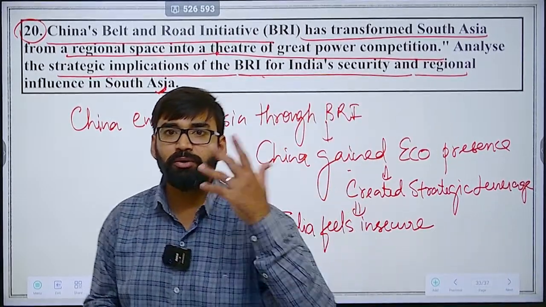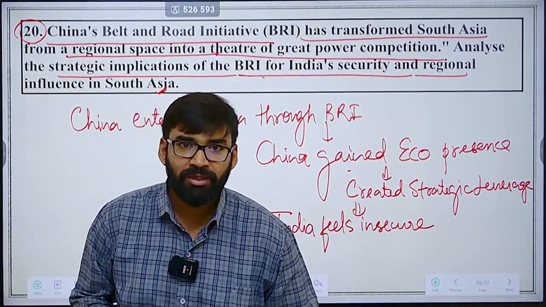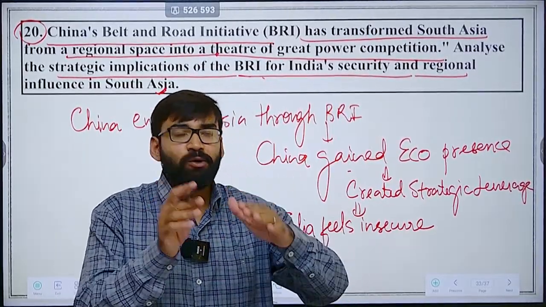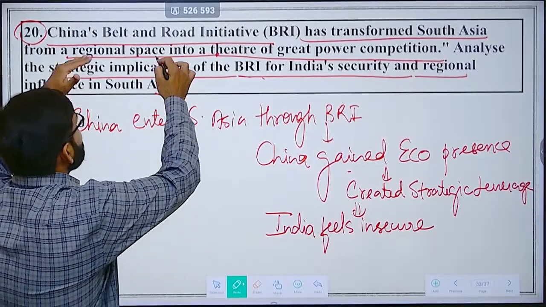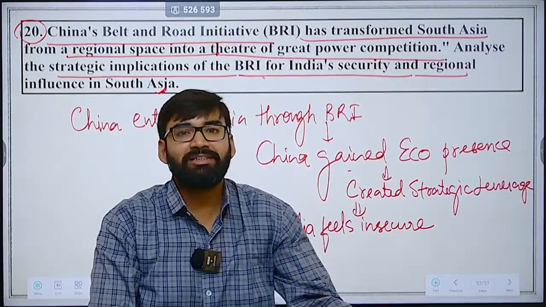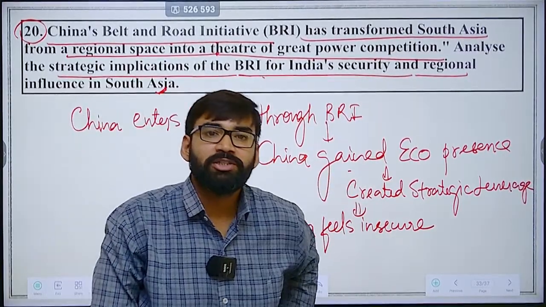This is how you need to decode. India feels insecure. Clear? India feels geopolitical pressure. And now South Asia becomes a theater of great power competition between India and China. This is how you should decode the question.